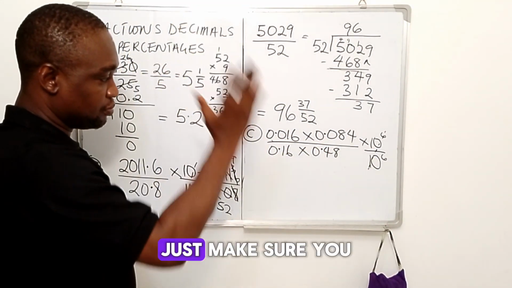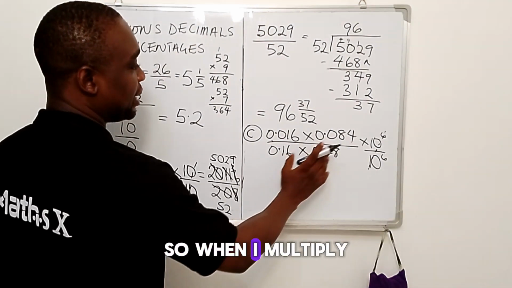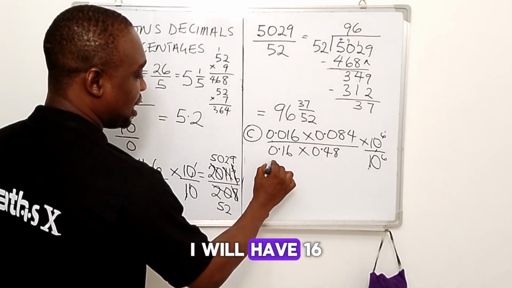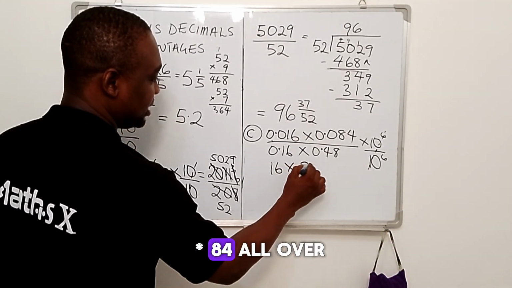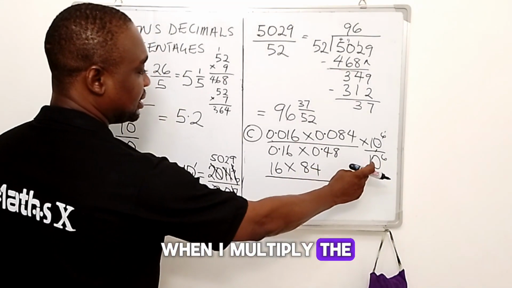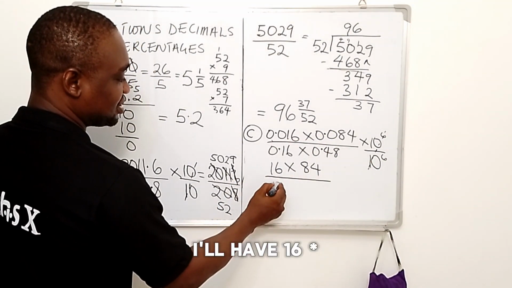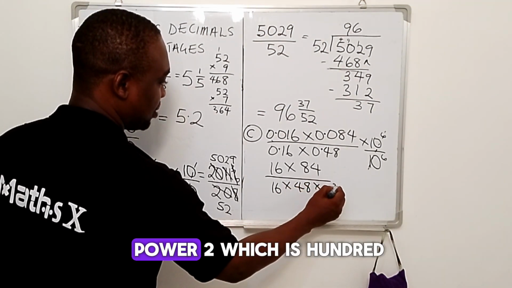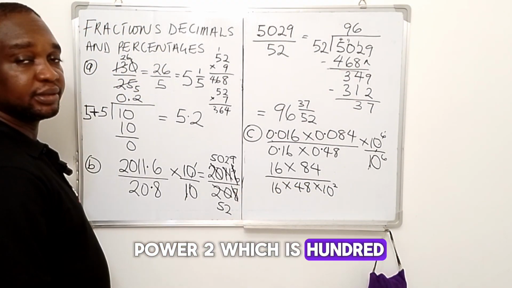The whole thing is just to make sure you are doing the correct thing. So when I multiply the numerator with 1 million, I will have 16 times 84. When I multiply the denominator with 1 million, I'll have 16 times 48 times 10 to the power 2, which is 100.